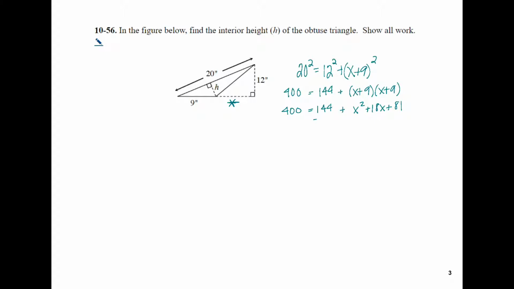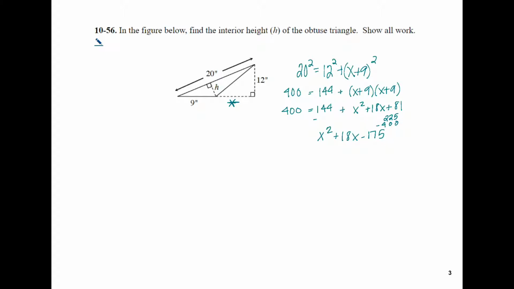So 144 plus 81 equals 225, minus 400 equals negative 175. So then we can factor this, complete the square, use the quadratic formula.